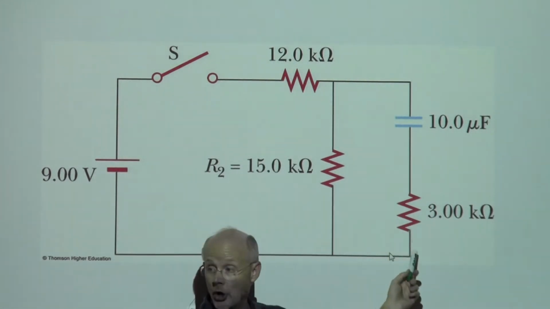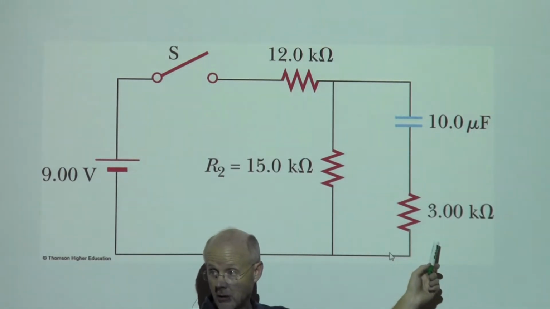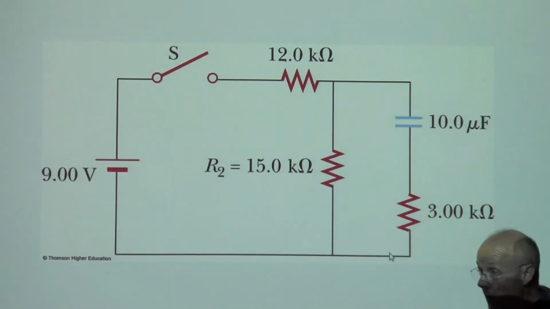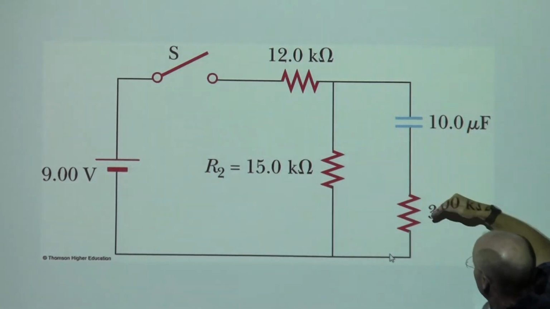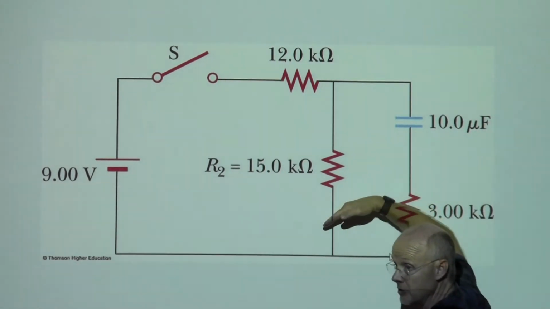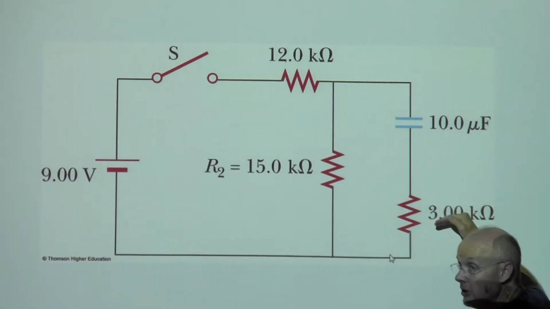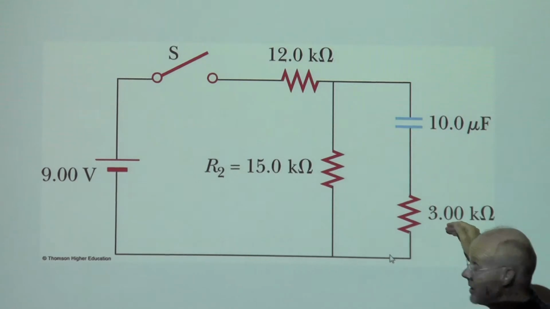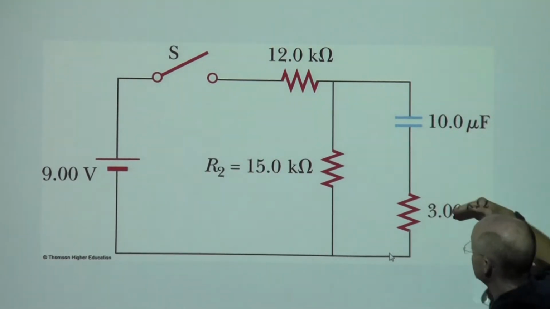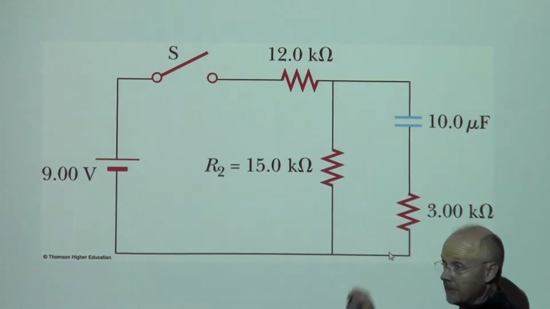If you have no current here, how much voltage change do you get here? 0. So I think what you said is right. You said the voltage here plus here should be the same as the voltage here to here. That's what you said, right. And then we take it one step further. The voltage change here is 0 because there's no more current flowing. And so this plus 0 has to be the same as this. So that and that have to be the same.